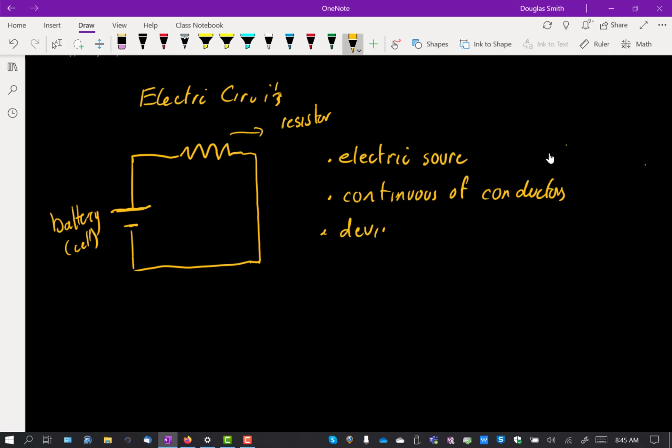So all electric circuits need these three things. This would be like a battery, this would be like wires, and this could be a light bulb, a motor, an LED, a speaker, whatever.